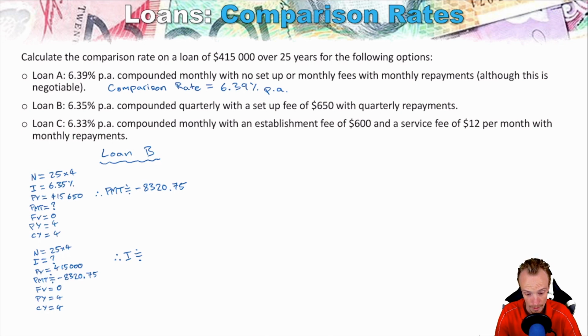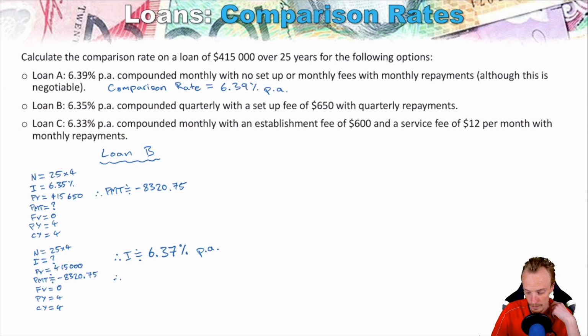So now when we calculate the interest here, this is our comparison rate. Change that back to that. And we now find the comparison rate is approximately 6.37% per annum.